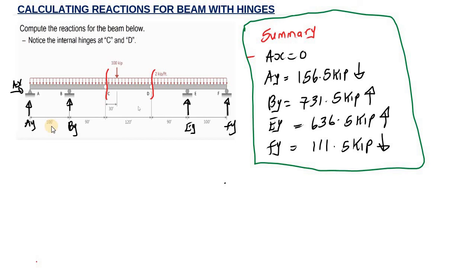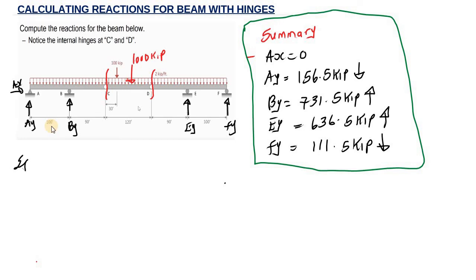If you calculate this, you are going to get 500. So 500 multiplied by 2 gives us 1000. So we are going to have a point load of 1000 kip, and this is acting at the middle. Let's calculate this and see if we get 0 or not.